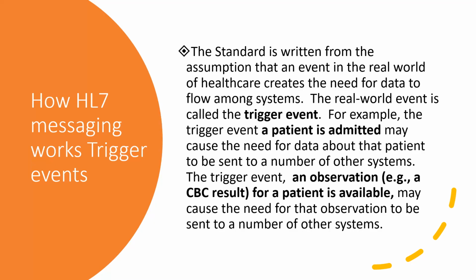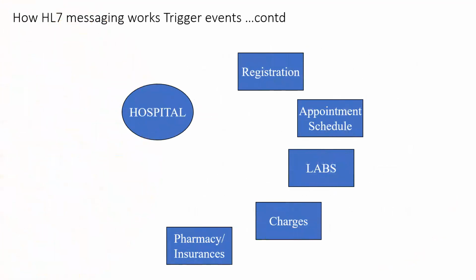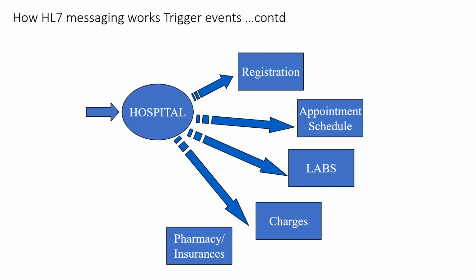HL7's base principle is those events that are happening within the hospital space or hospital workflow. When you look at the hospital scale, the entire hospital is divided, broadly categorizing them, into 5 sections. We'll have registrations, appointments, labs, charges, pharmacies and insurances.